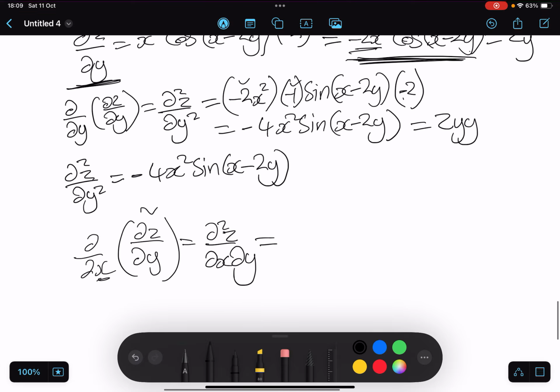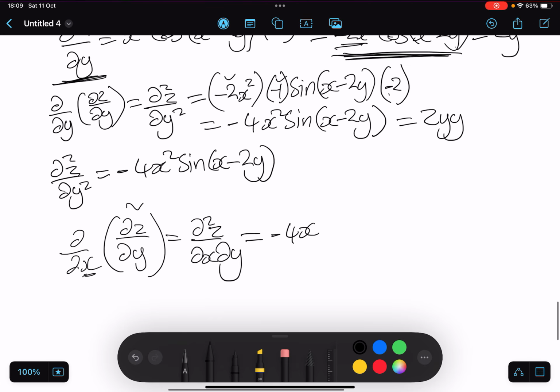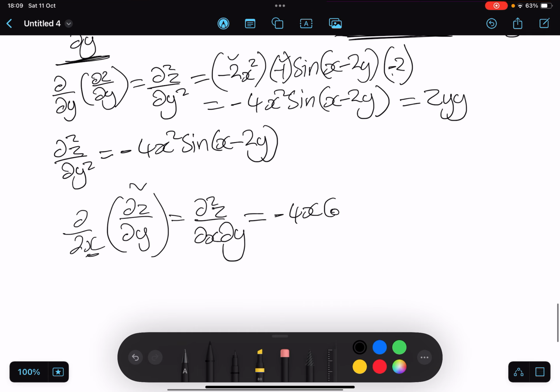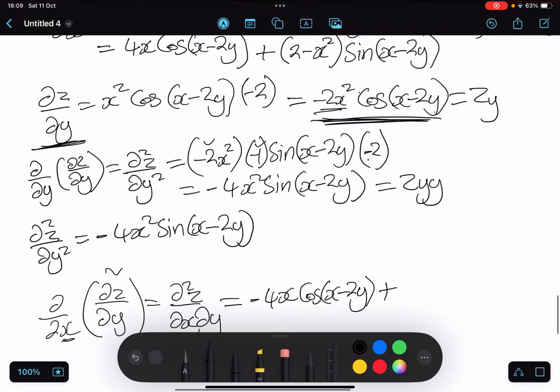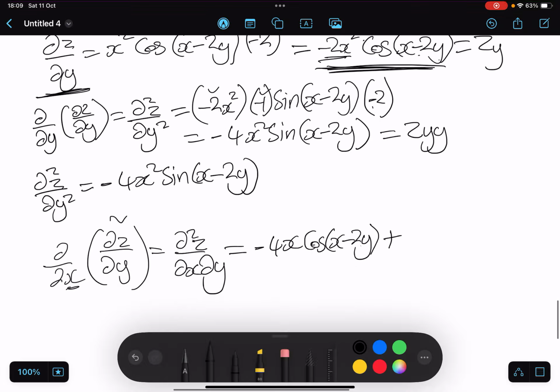So we are going to have minus 4x cos(x minus 2y) plus, since we're using the chain rule, minus 2x squared.